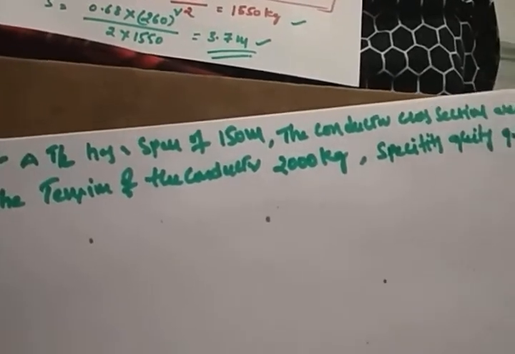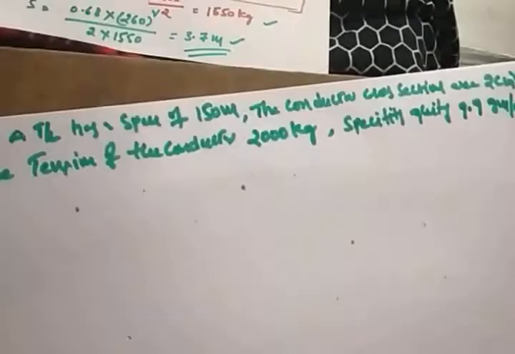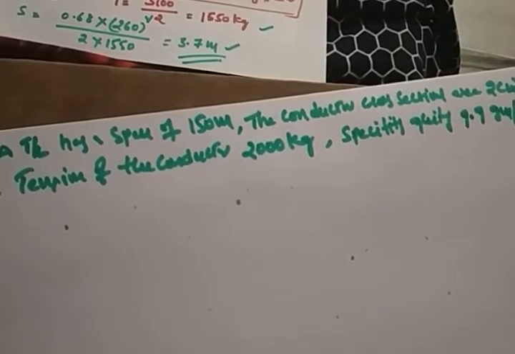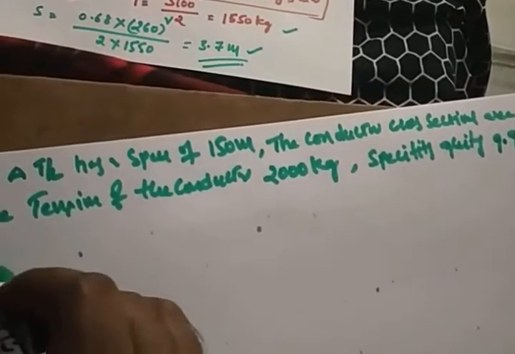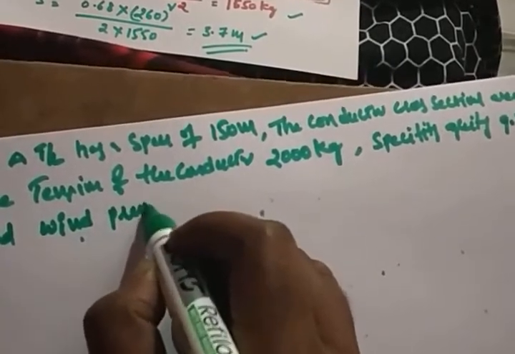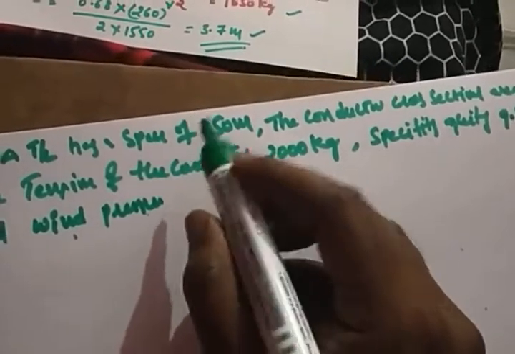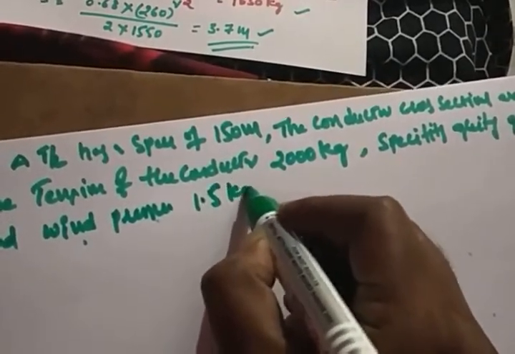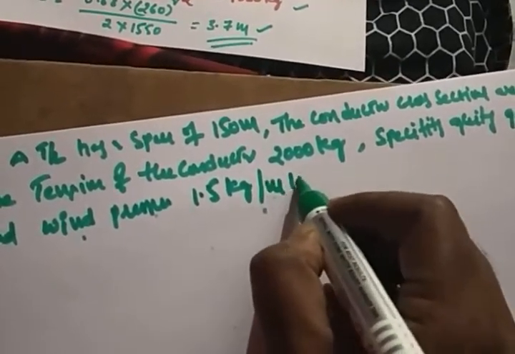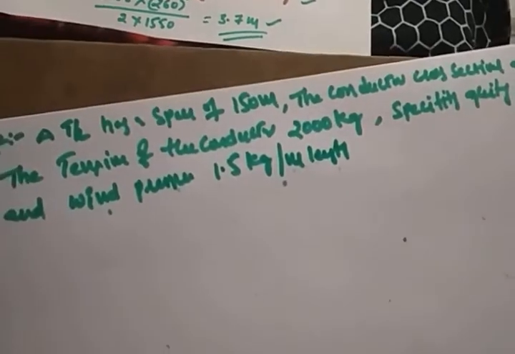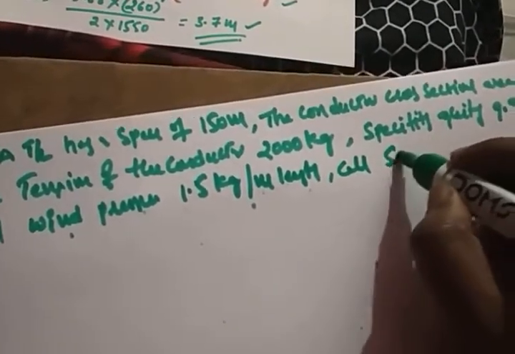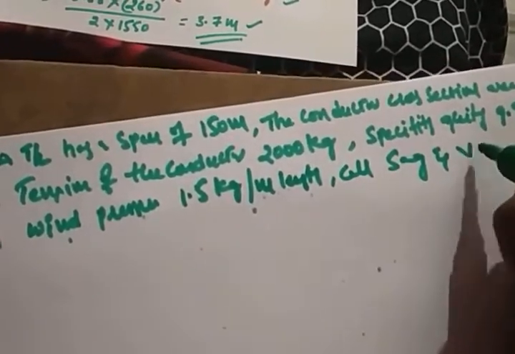So units are also important, but we need to concentrate, right? After that, wind pressure is given. So what is that wind pressure? 1.5 kg per meter length. So they have given per unit length also. Calculate the sag and vertical sag.